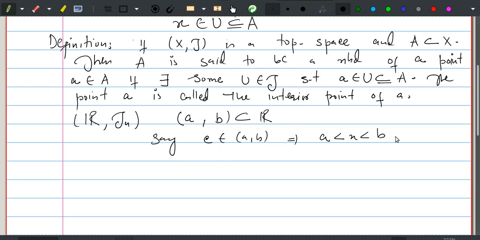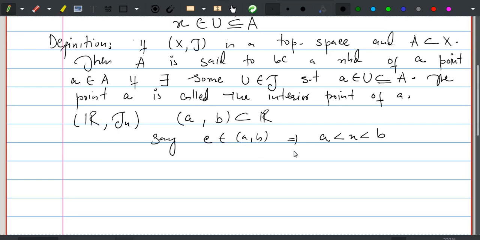The basic open sets in R are the open intervals.